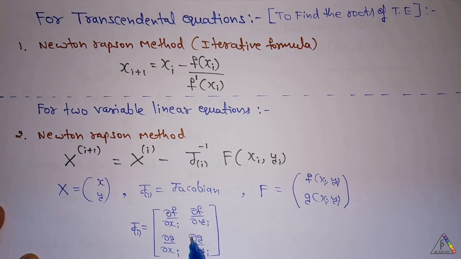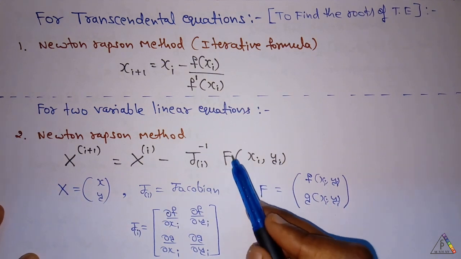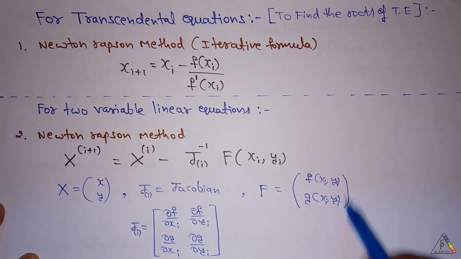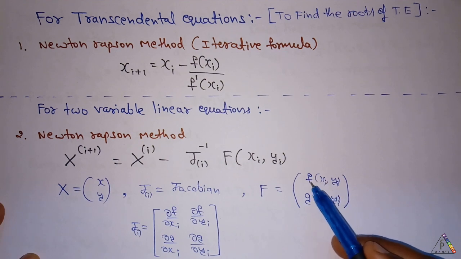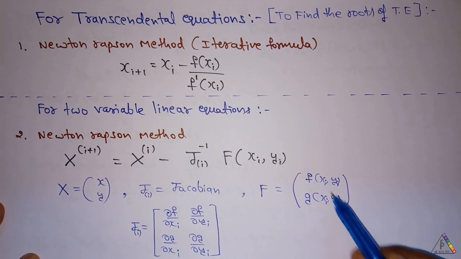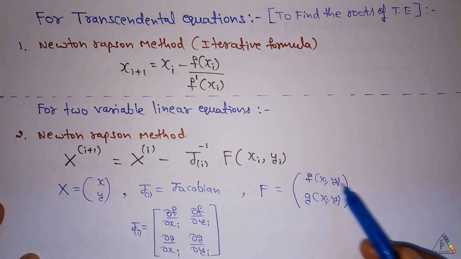The Jacobian is given by dou f by dou xi, dou f by dou yi, dou g by dou xi, and dou g by dou yi, where the function is a column matrix of the given functions f and g, which are functions of x and y.